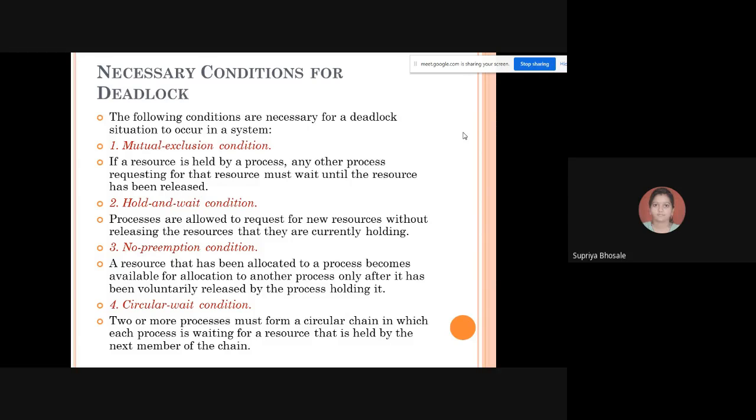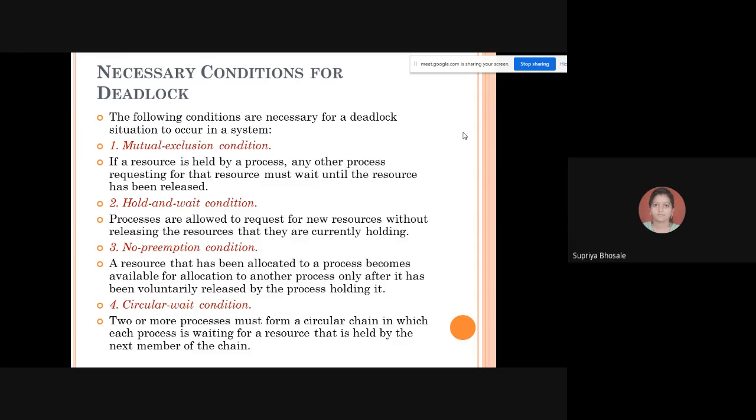And second, hold and wait condition, that is, processes are allowed to request new resources without releasing the resources that they are currently holding. Third, no preemption condition, that is, a resource that has been allocated to a process becomes available for allocation to another process only after it has been voluntarily released by the process holding it.